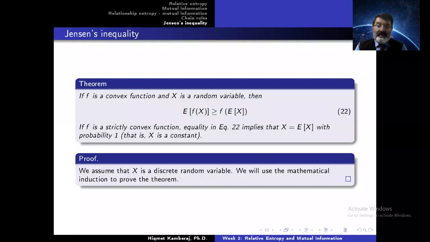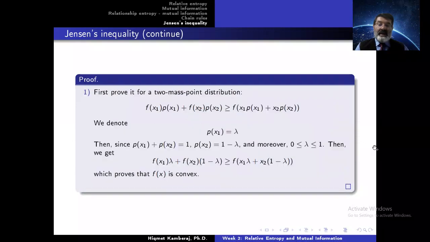Now, how can we prove this? We assume that x is a discrete random variable, and we use mathematical induction to prove the theorem. First, we start with a 2 mass point distribution. This means that I have a probability distribution function evaluated at 2 points, x1 and x2.